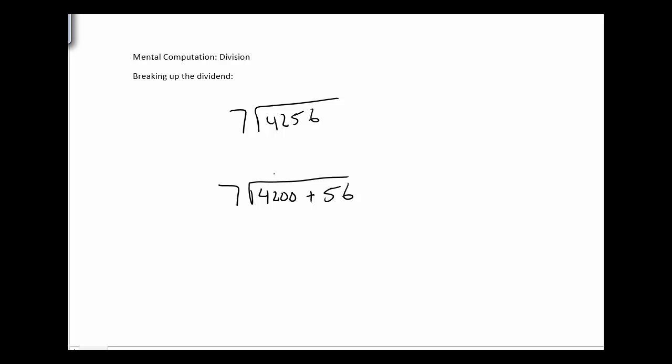For example, 7 goes into 4,200 600 times, and then 7 goes into 56 8 times, so I can just add that together and get 608. But again, the technique is break it up into smaller, more manageable numbers and then add your result together.